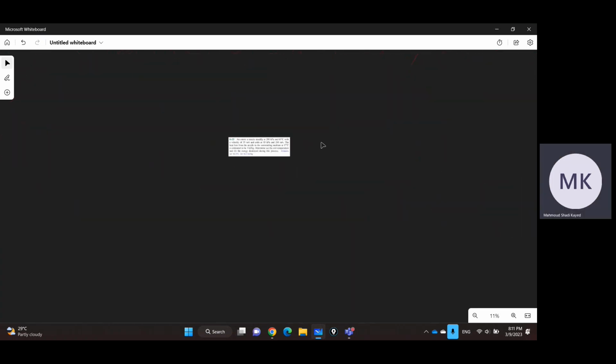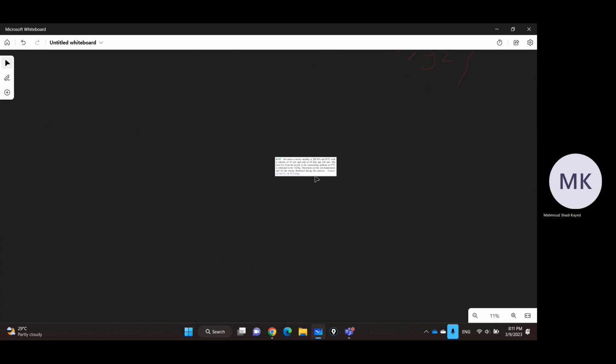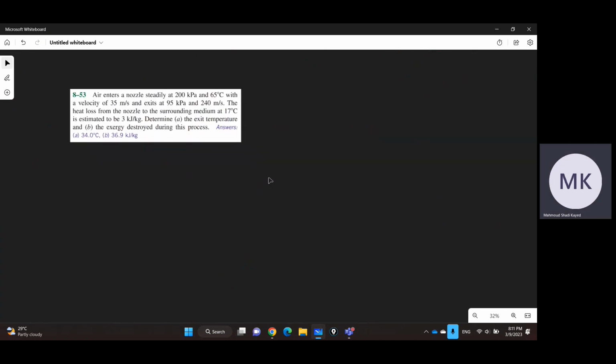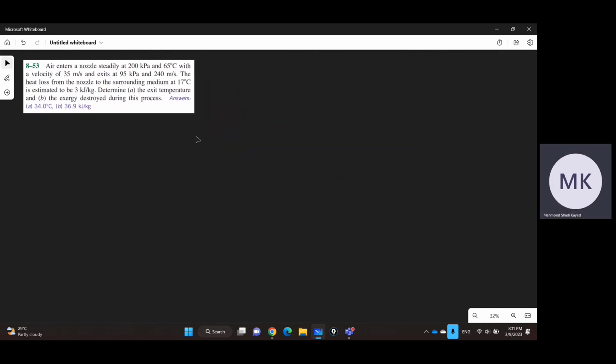So now let's take a look at this example. I'll not solve it numerically. If you want, you can try doing it by yourself, but I'll just explain the idea of the exergy destruction in this question. So air, an ideal gas, enters the nozzle steadily.